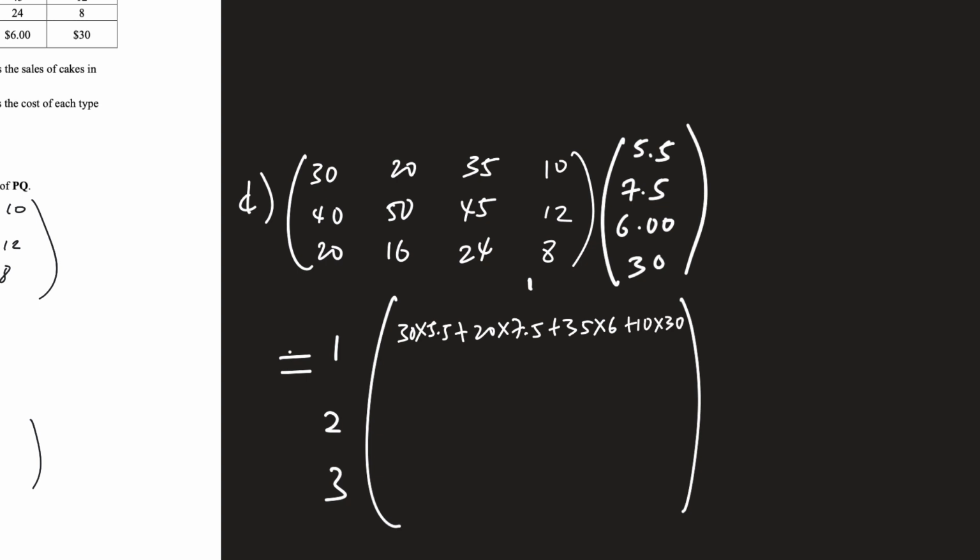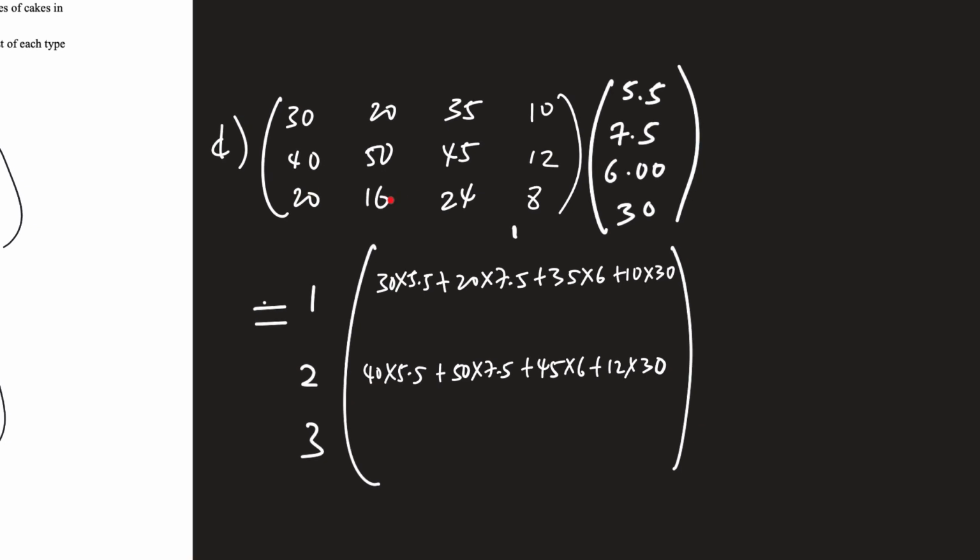And then here, the second row, first column, times 6 plus 12 times 30. Finally, we have the third row, first column.